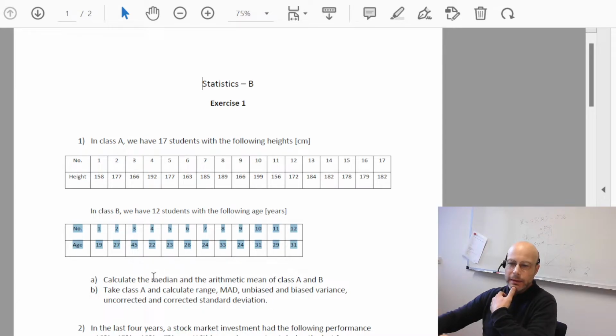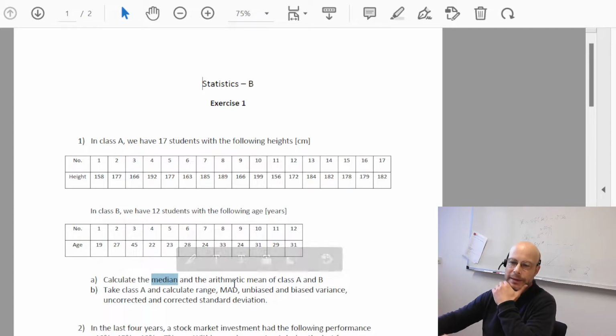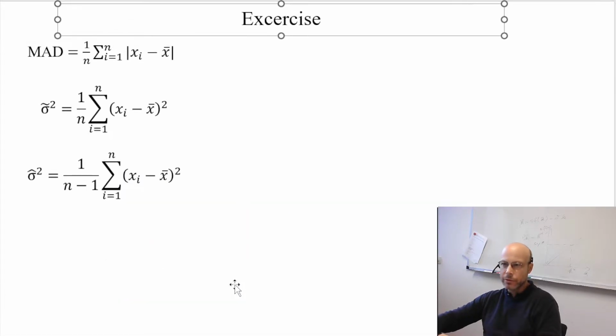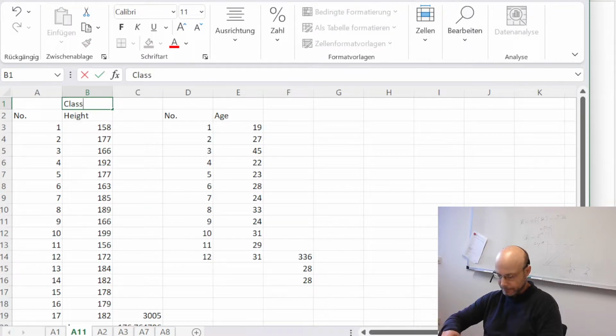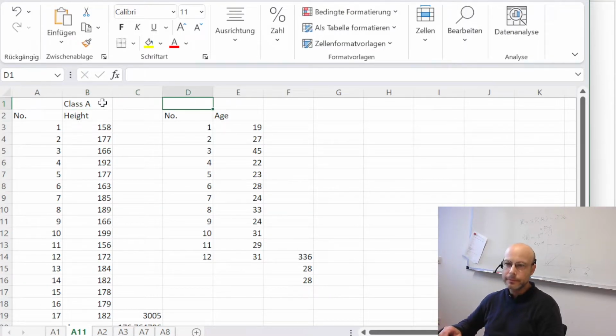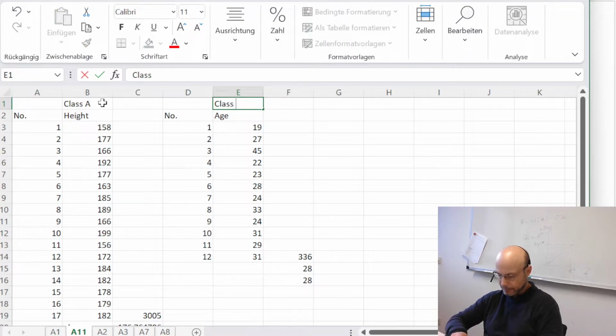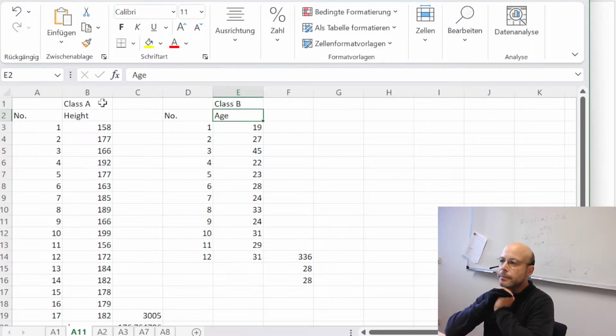Oh, sorry. As I saw here, the median we should calculate at first for class A and B. What do we have to do if we want to calculate the median of these two random samples, class A and class B?